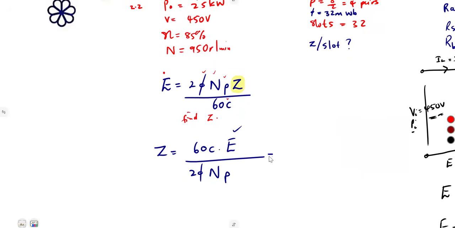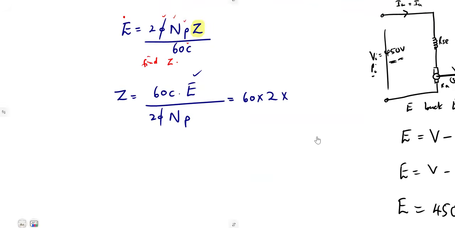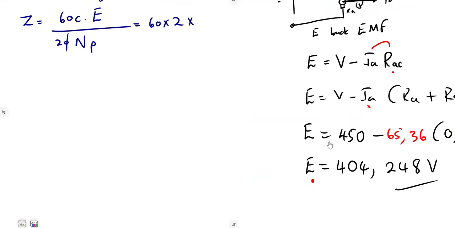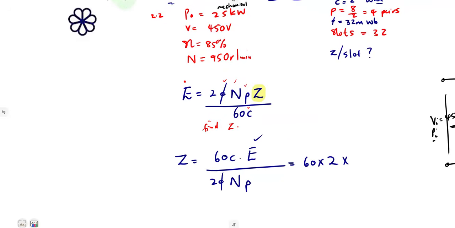All right, let's substitute 60 times C. Remember, we have got everything there. Our C is 2. Our E, the back EMF, the generated EMF, is 404.248.